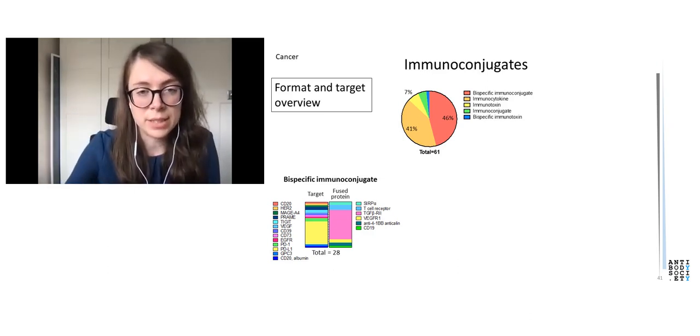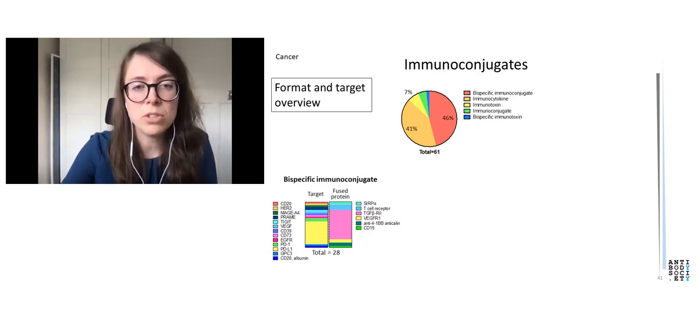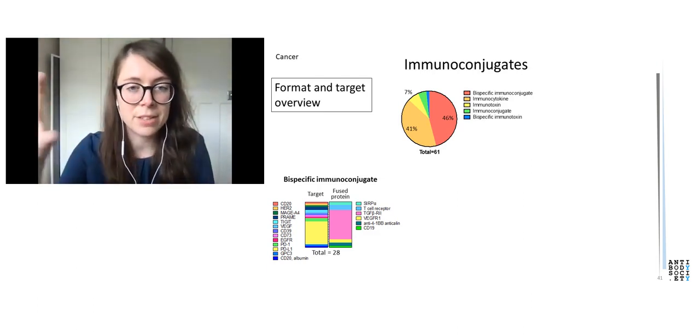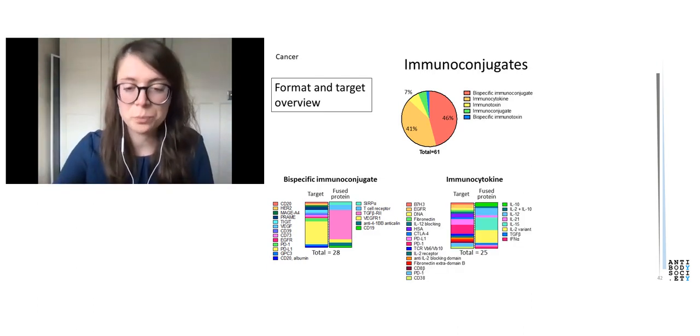As you can see, the most popular target for bispecific immunoconjugates is PD-L1, and the most popular fused protein is TGF-beta receptor 2. And also you can see that the most popular combination is PD-L1 and TGF-beta receptor 2.